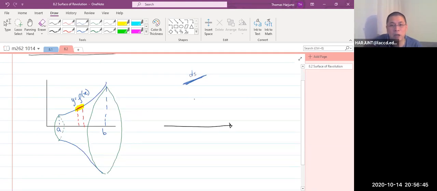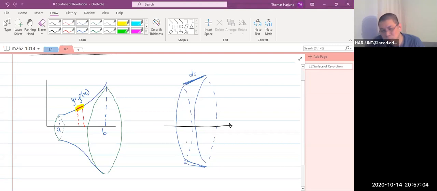Now I will rotate this. Now the thing is, what is the area of the resulting surface?